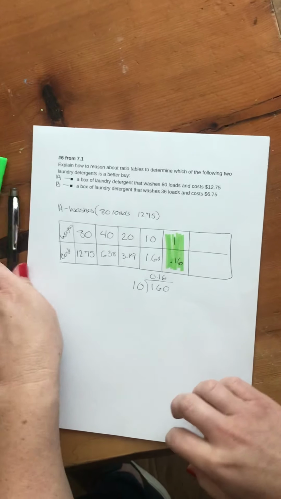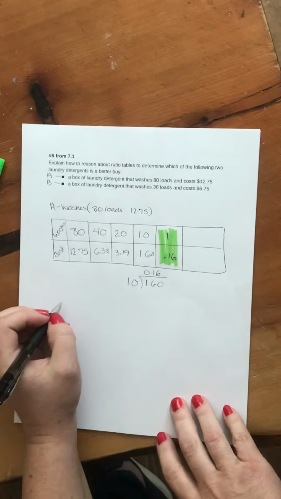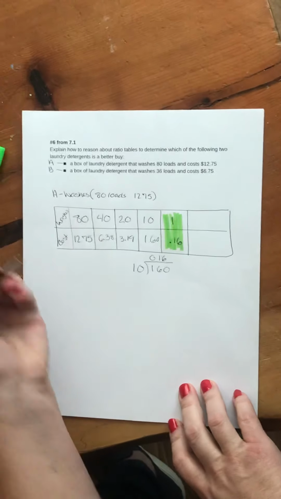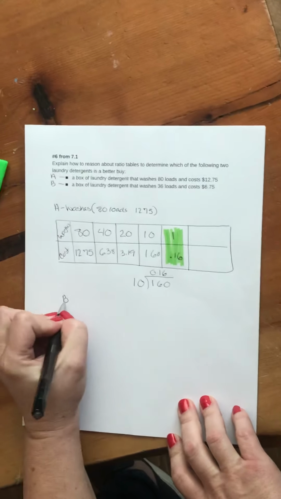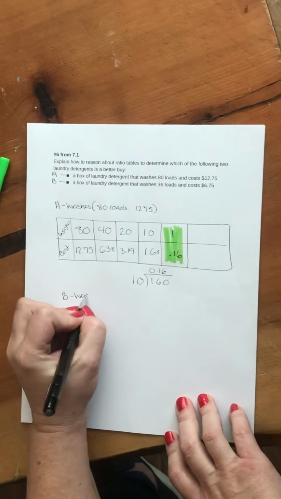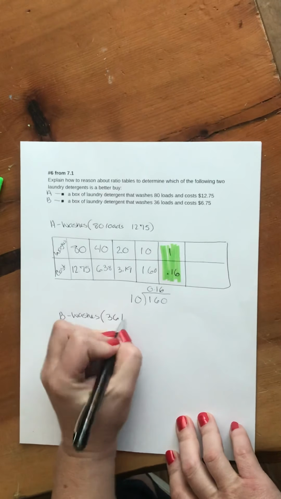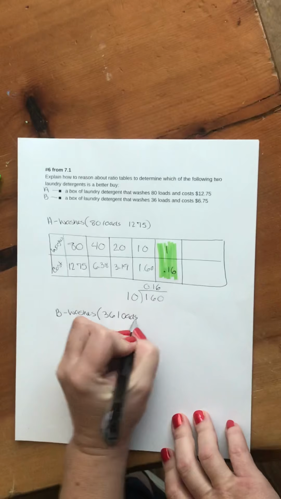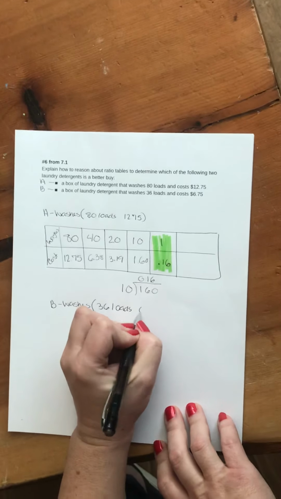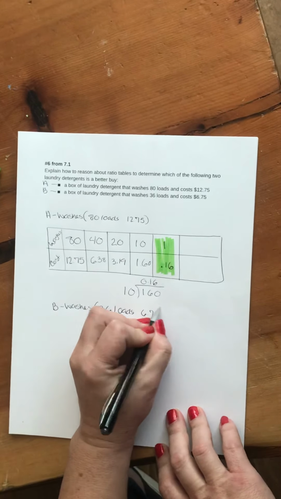Okay, now we're going to go ahead and make a ratio table for wash situation B. With wash situation B, we know that for 36 loads, it will cost $6.75.